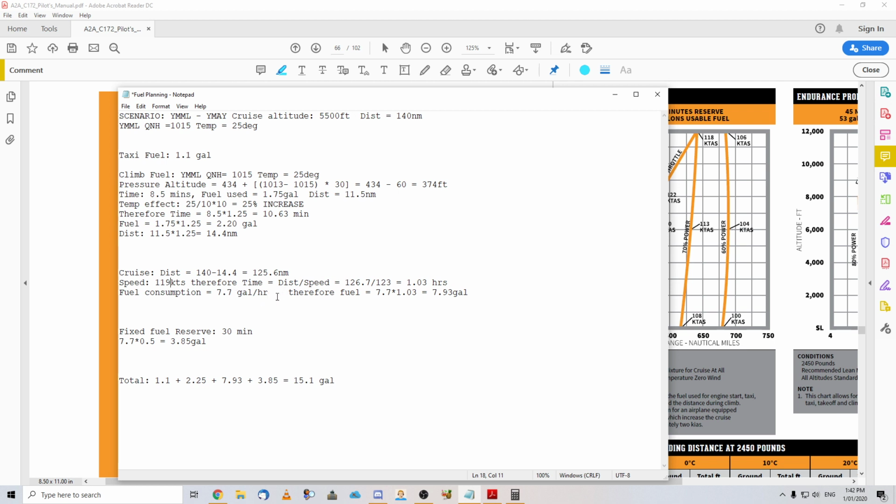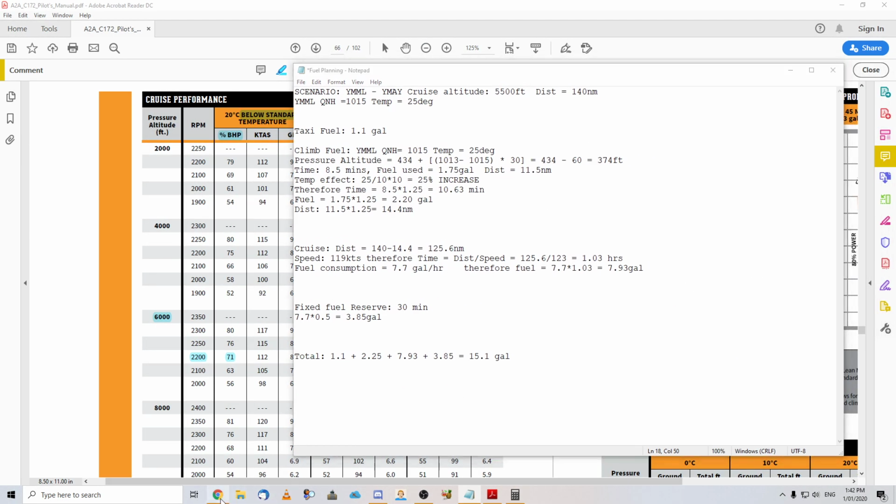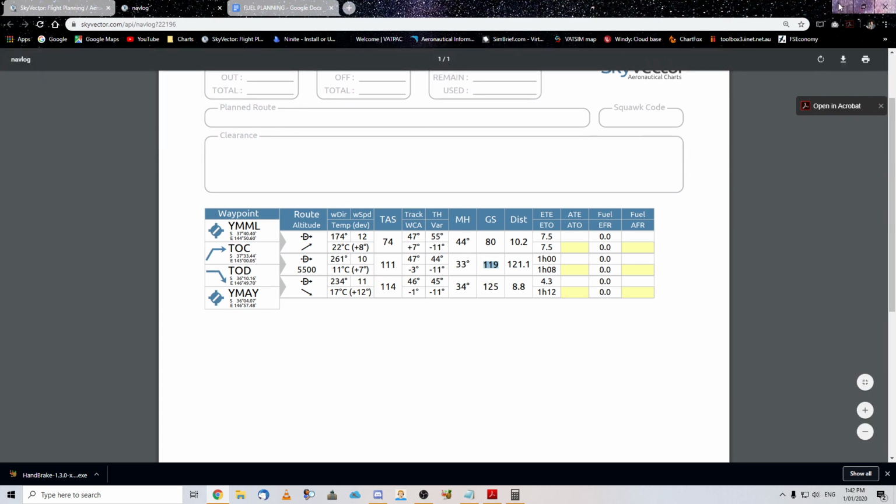Now, what time is it going to take us to go, as we worked out here, 125.6? So we go 125.6 divided by our speed, which was 119 knots.